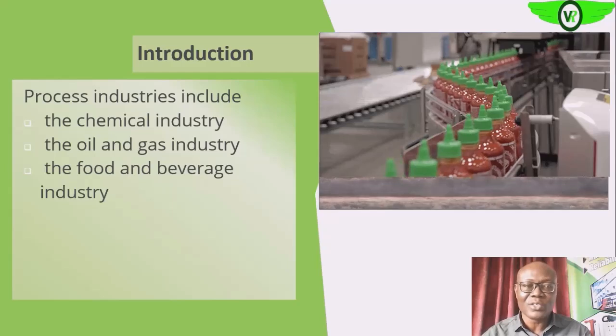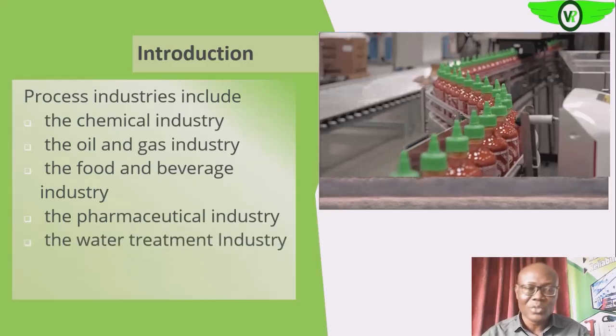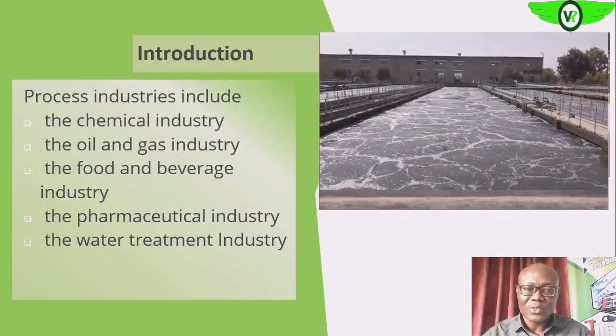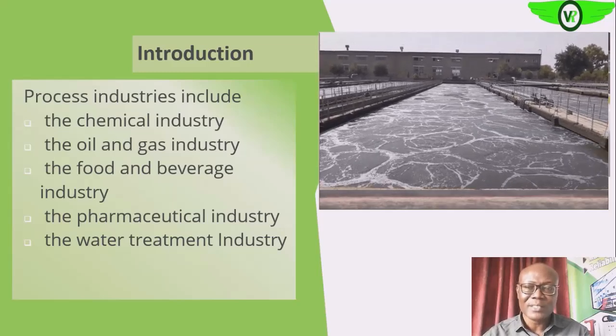process industry. The process industry also includes the pharmaceutical industries where drugs are produced, and the water treatment industries where potable and industrial waters are also produced, as we can see. So this is an example of a water treatment plant.